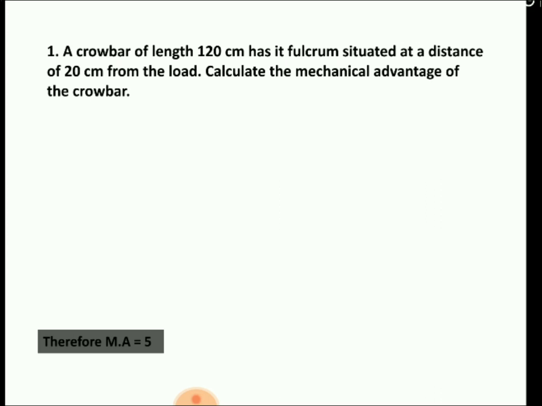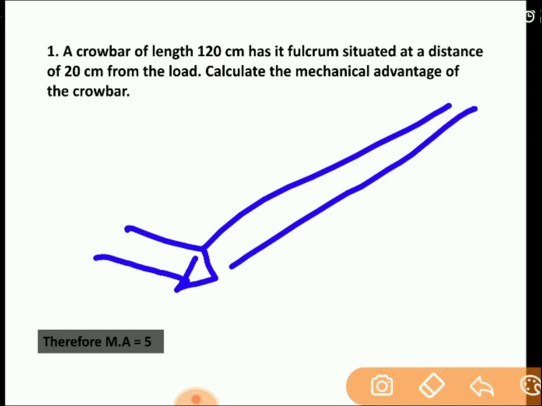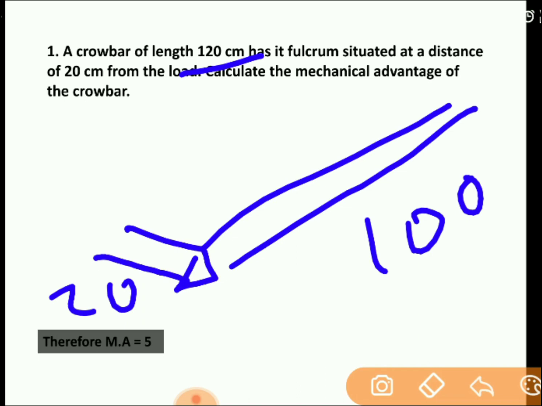First of all, let us understand what a crowbar is. A crowbar is something like this. Total length is 120 cm. Suppose this is the fulcrum, this length will be 20 cm. So if this is 20, this one will be 100, altogether 120 cm.